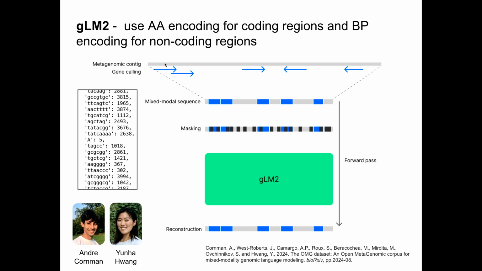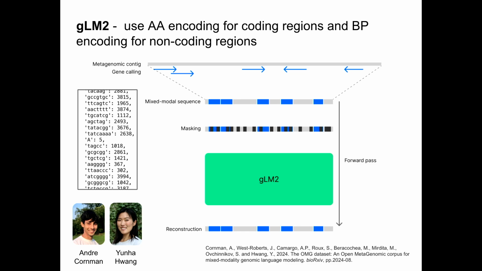So the idea is that you could take a chunk of the genome, in this case a metagenomic context. Parts that are protein coding, you encode with an actual amino acid, so you have 20 tokens. Parts that are DNA or non-coding, you can encode with these little segments, which could be of variable lengths. Then during training, you can mask entire codons instead of masking individual nucleotides.